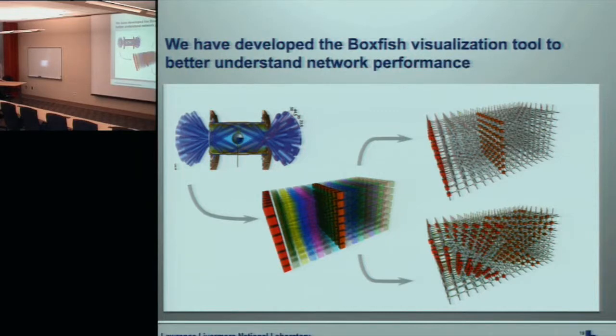Yes. How do you see these tools adapting to networks like Perks or other networks? Sorry? How do you see these tools adapting to Perks or other networks, or are these meant for them? Can you repeat the question? So the question was, how do I see these tools adapting to networks with different topologies, like Perks and Aries, which are sort of dragonfly networks? I'm not 100% sure. We've started looking at that as part of Avano's project to look at network congestion.